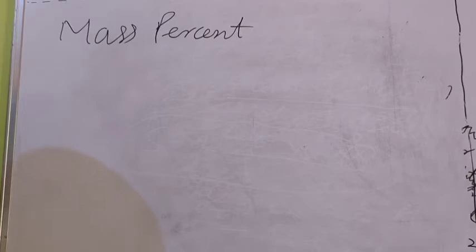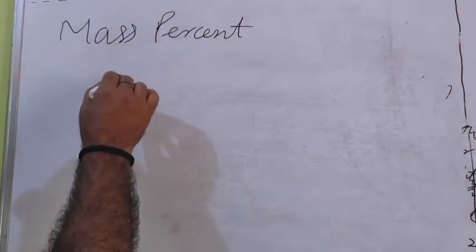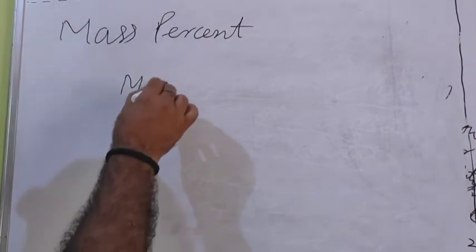So by definition, the number of parts by mass of solute or solvent per 100 parts by mass of the solution, which is mathematically represented as follows.